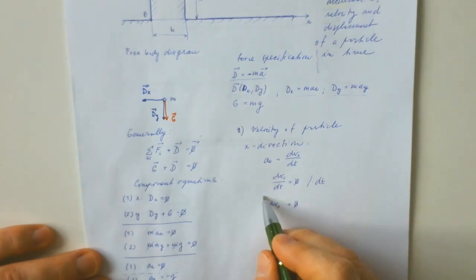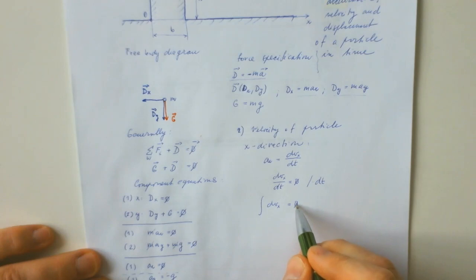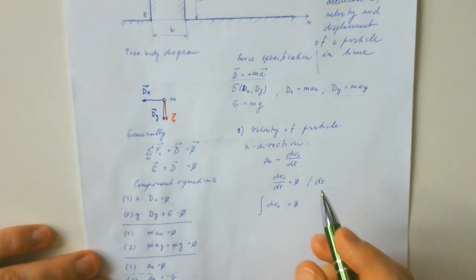We add the integration sign, and everything multiplied by 0 will be 0.